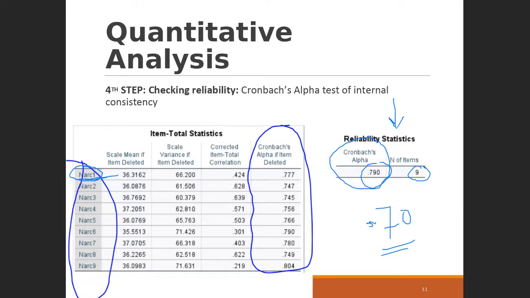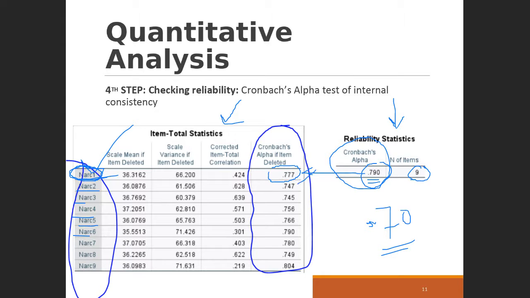But if you look at this table, it is giving you the reliability of each item if it is removed from your scale, if it is removed from your questionnaire. So if question number 1 of narcissism is removed, your reliability reduces to 0.777. So from 0.790, it reduces to 0.777. It means that this question is very important for you, because if you remove this question, the overall reliability of this scale is reduced.